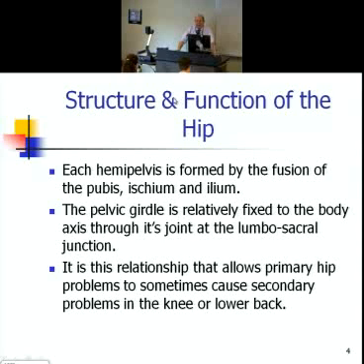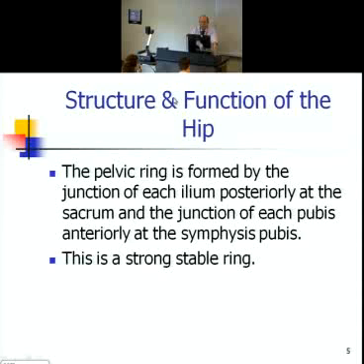So somebody gets a hip problem, they alter their gait in order to reduce their pain when they're in motion. And as a result of that, because of the intimate relationship between the hip and the sacrum, patients can wind up with lower back problems as well as hip problems.